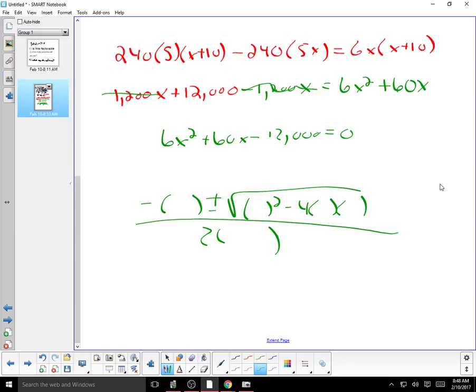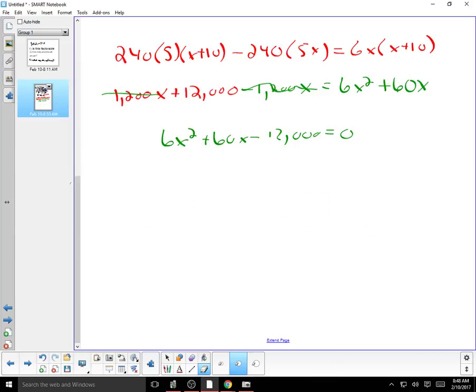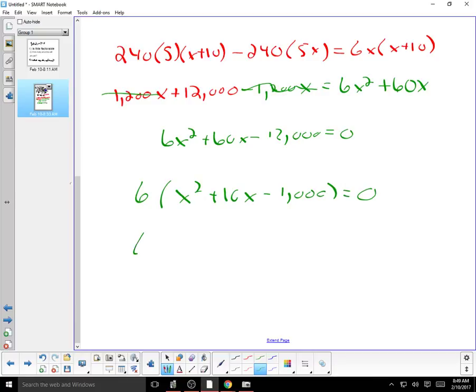We could factor out some stuff. If you factor out 6, you're going to get x squared plus 10x minus 1,000, and that is easier. That should be 2,000, right? It can't be 10,200.